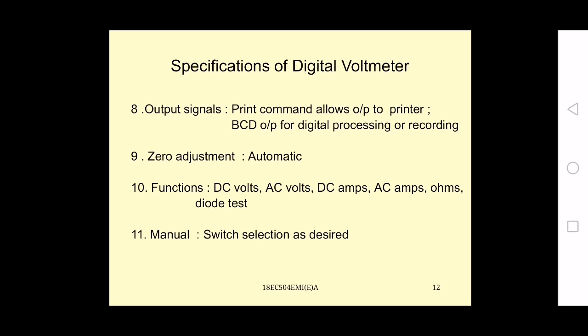You will have different functions on your digital voltmeters: DC volts, AC volts, DC amps, AC amps, ohms, and diode test. These are the different functions in the specifications of a digital voltmeter, and you can manually select them with the switch.